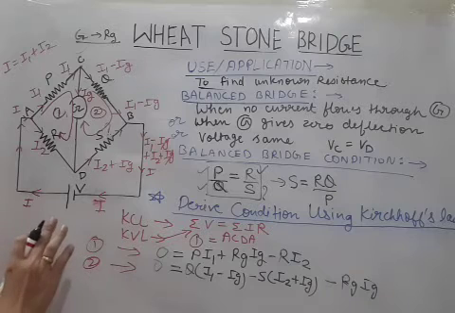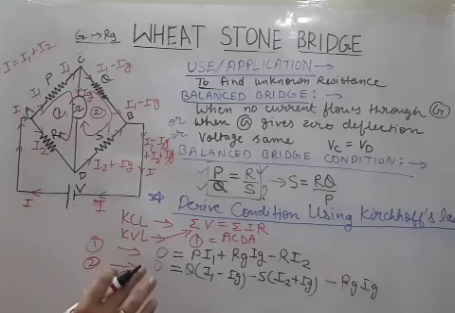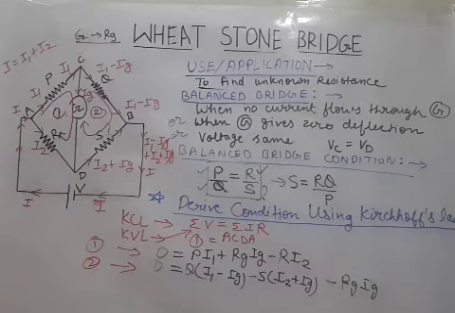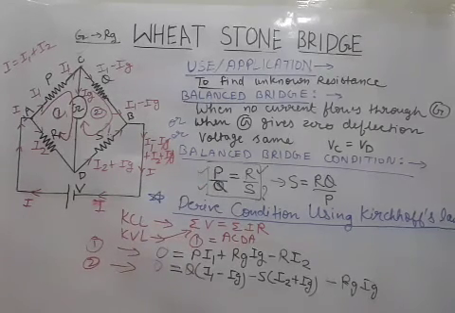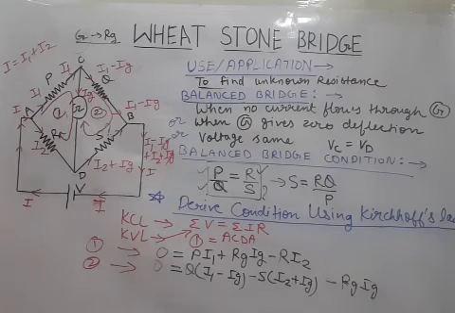Okay. Now these equations are obtained by applying Kirchhoff law for the case when there was current in the galvanometer. But we have to find this condition for balanced bridge. Balanced bridge means current in the galvanometer Ig should be 0.